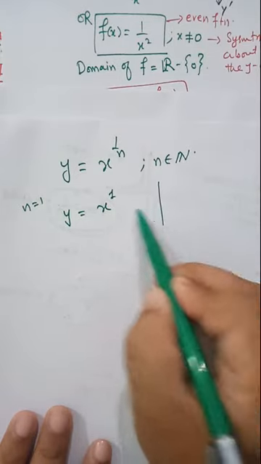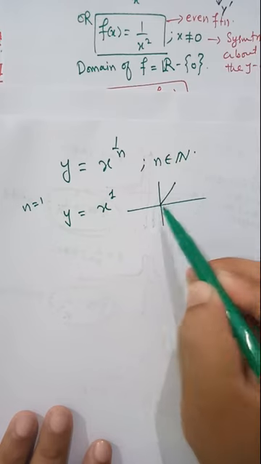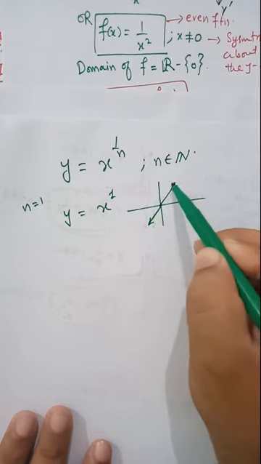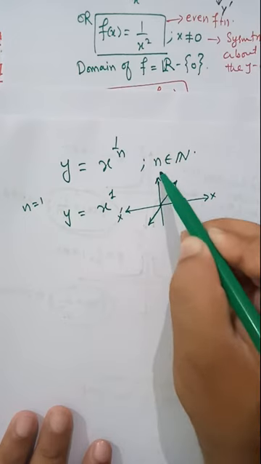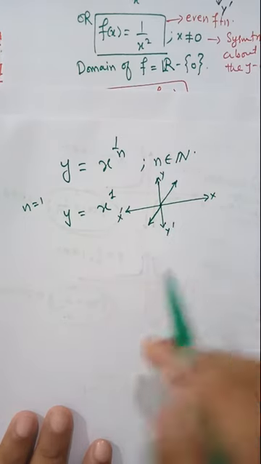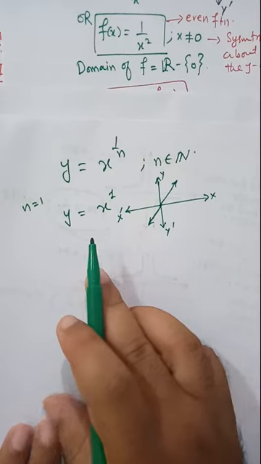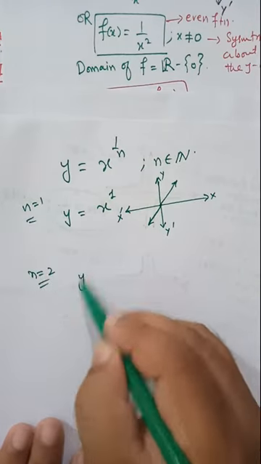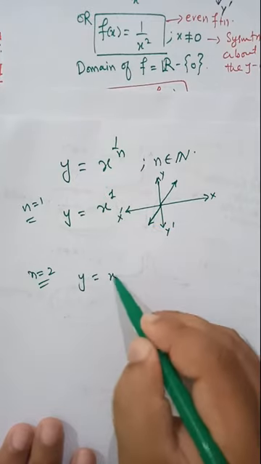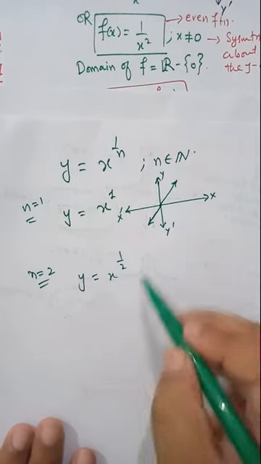So the graph of this must be a straight line passing through the origin, because this is a homogeneous linear equation. When n equal to 2, the function will become x power 1 by 2, the square root function.